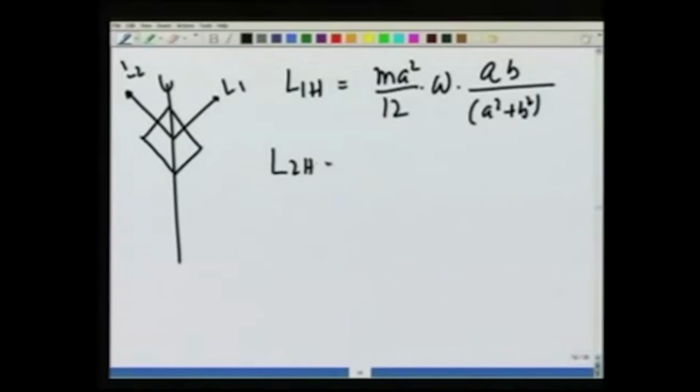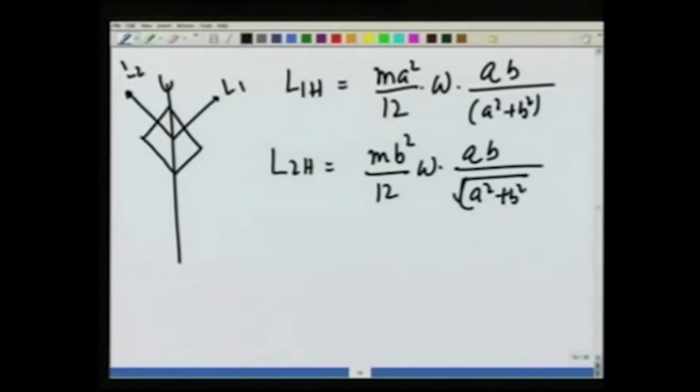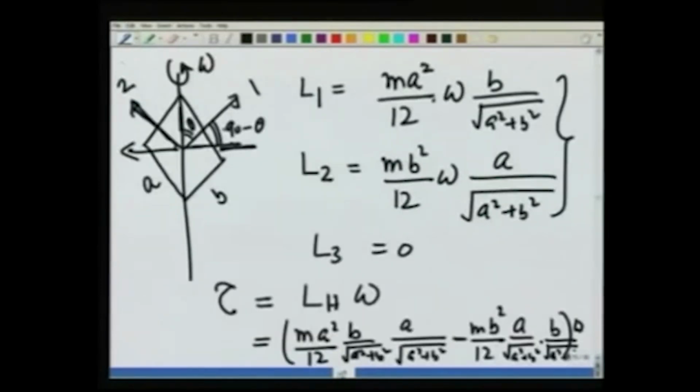L2 horizontal is m b square over 12 omega sine theta cosine theta, which I can write as ab over a square plus b square. There is no square root. This you see from the last screen. This all the product ab divided by a square plus b square, ab divided by a square plus b square times omega.